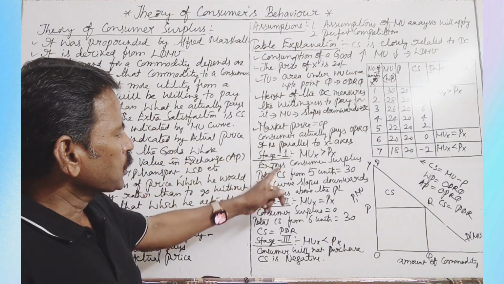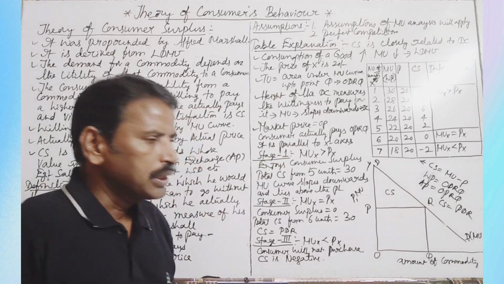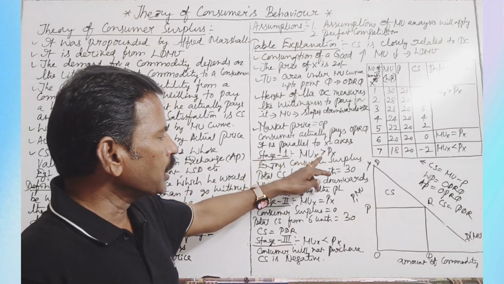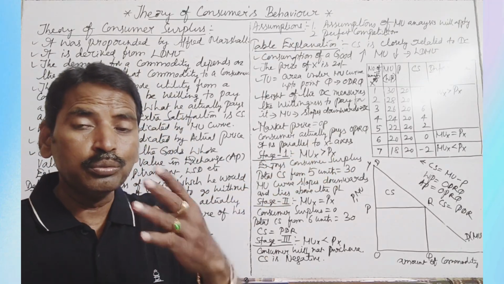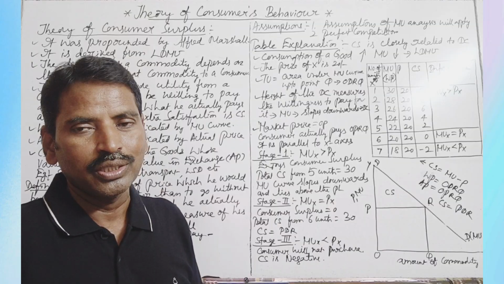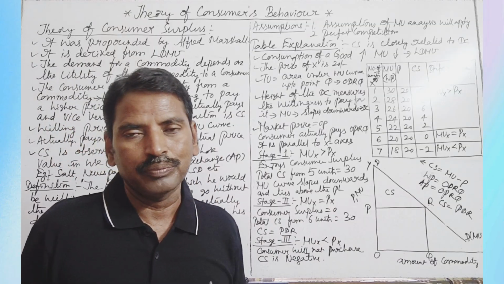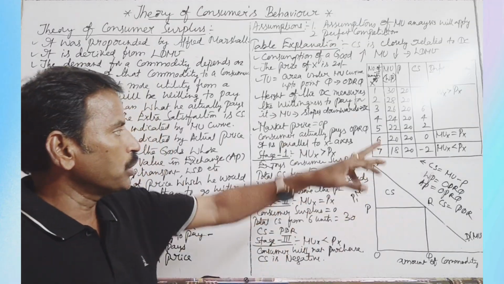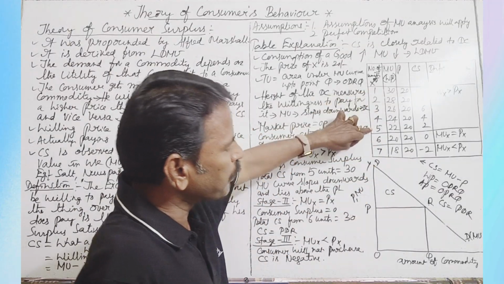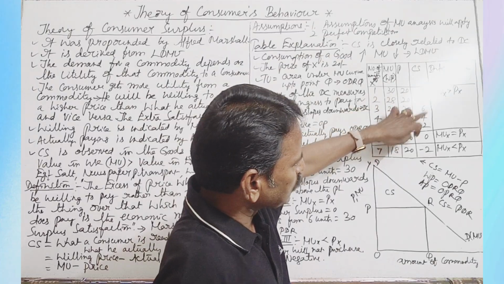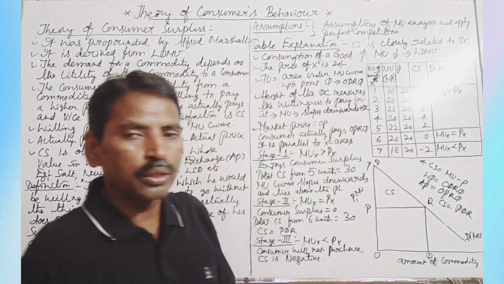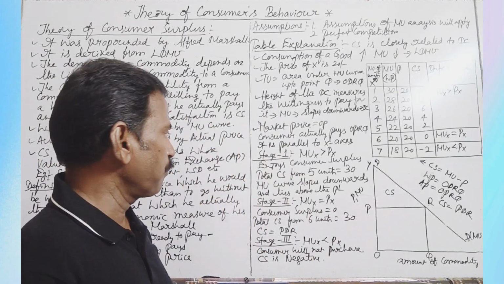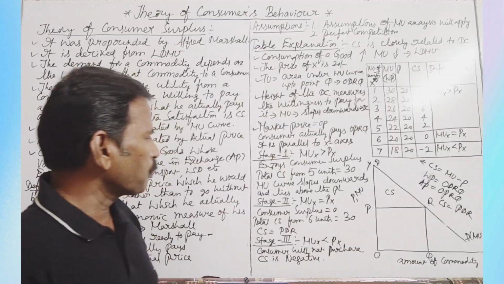So it can be explained in 3 stages. Stage 1: MUX is greater than PX. The consumer enjoys consumer surplus and continues purchases. Here, from units 1 to 5, there is consumer surplus.